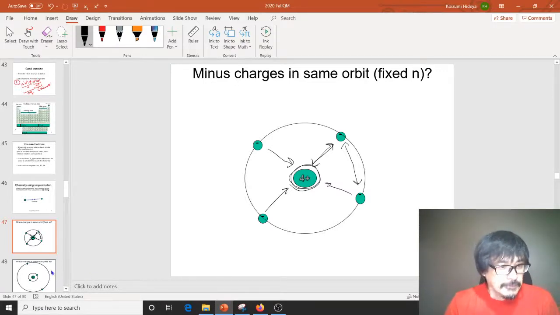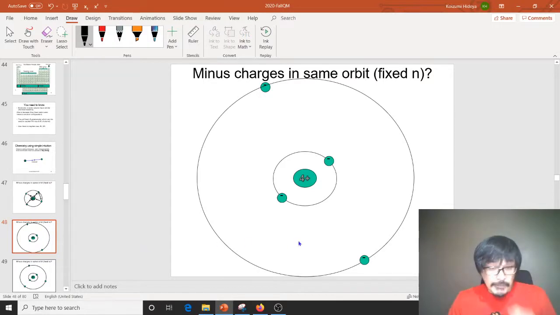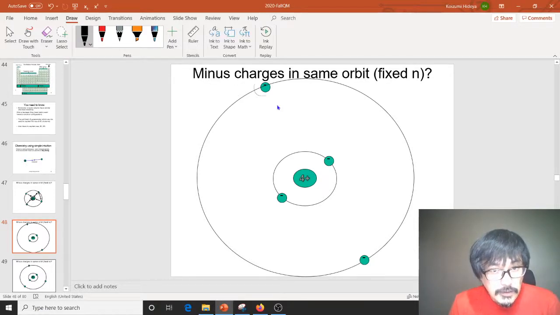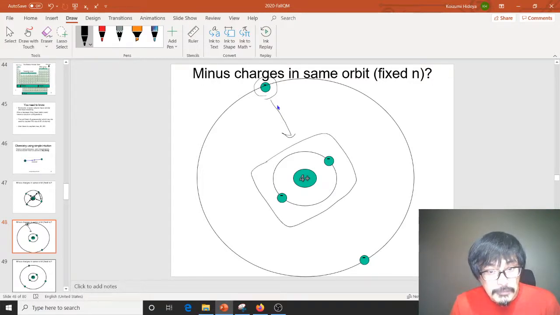Now, in a different scenario, if I have two negative charges close to the 4 plus charge, and then another two negative charges outside. So what do you think this guy actually sees right here? If the distance is too far away, then the net charge in here, you have 4 plus 2 minus, right?